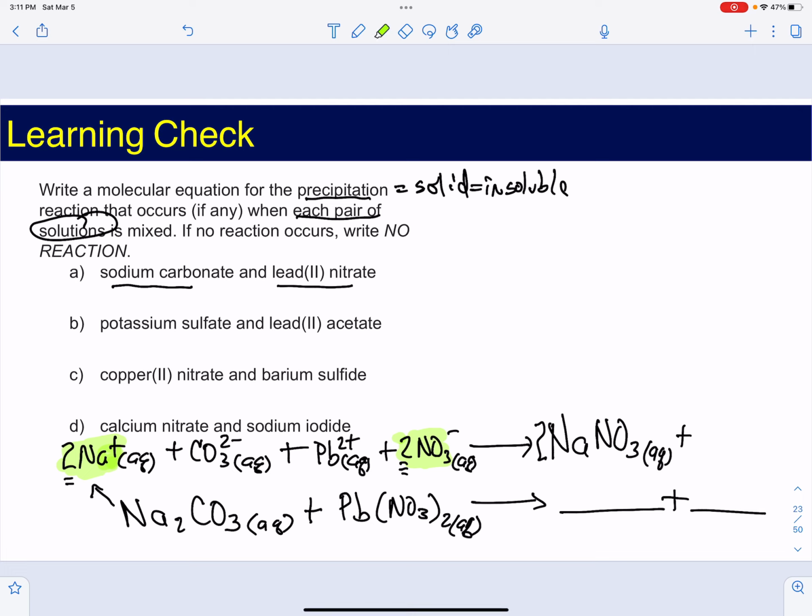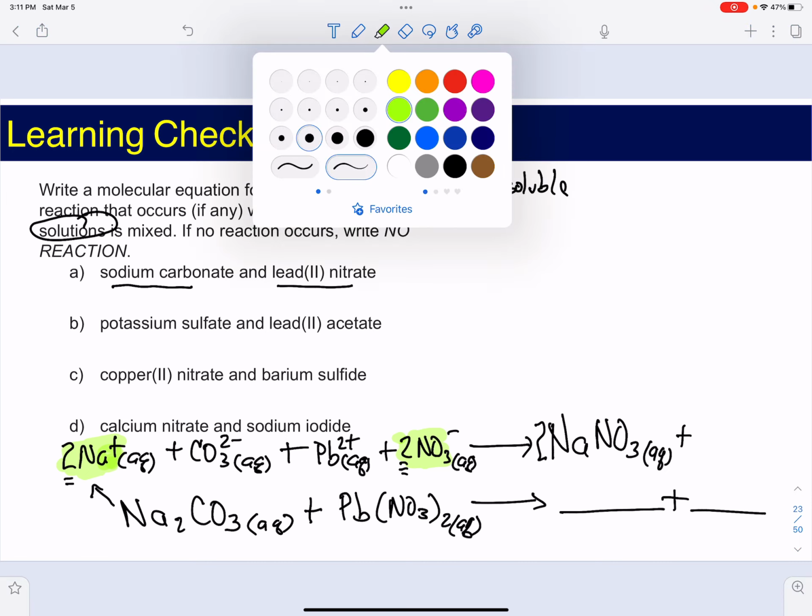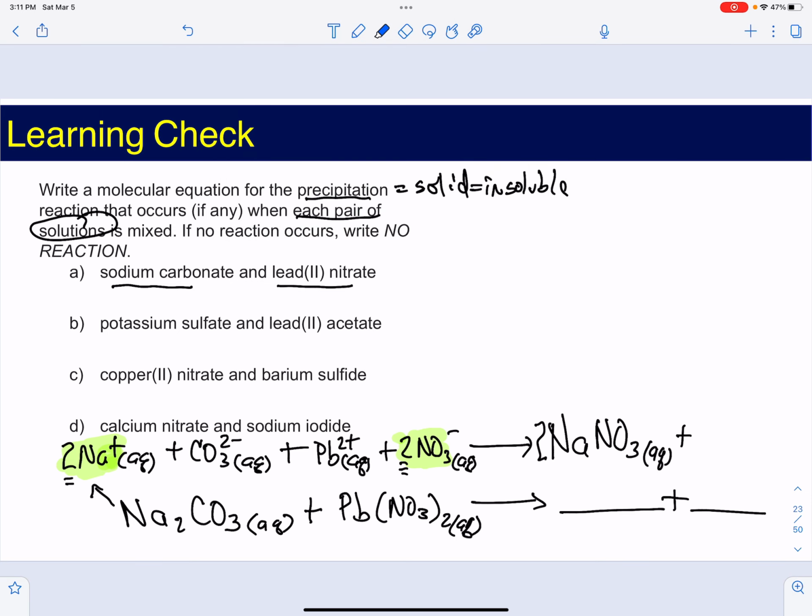And then I'm going to see what I have remaining. What I have remaining is my carbonate with the negative, with the lead-2, with the positive. And we always write the positive first. So that's going to give me 2 plus and 2 negative, so it's just one of them. Lead-2 carbonate, which according to the solubility table is going to be a solid.